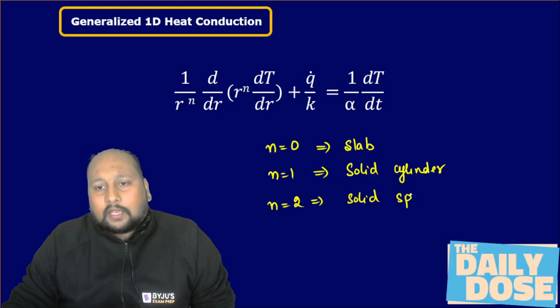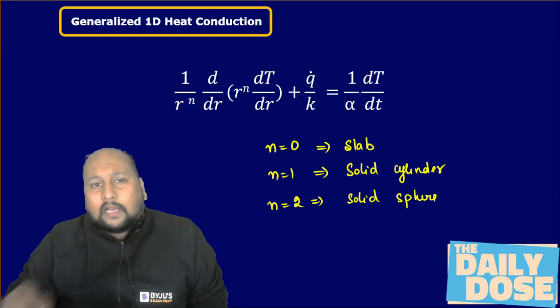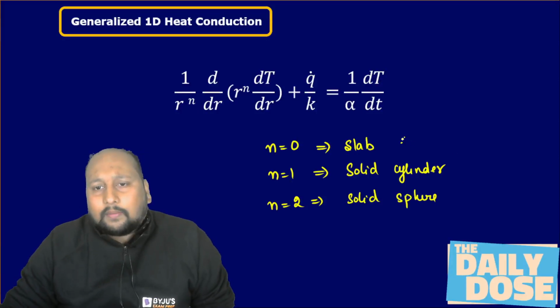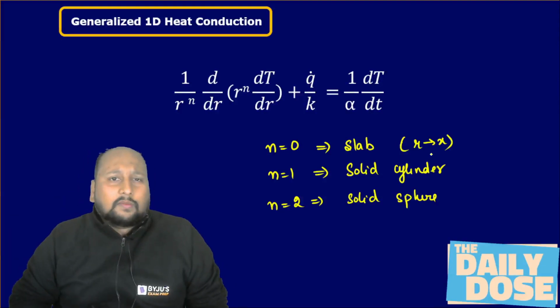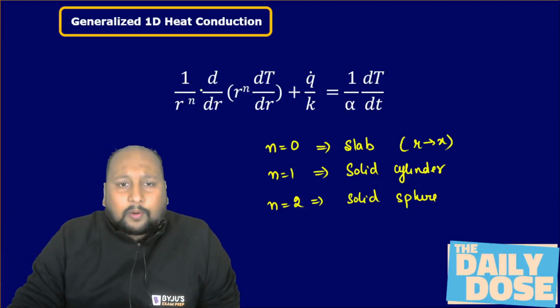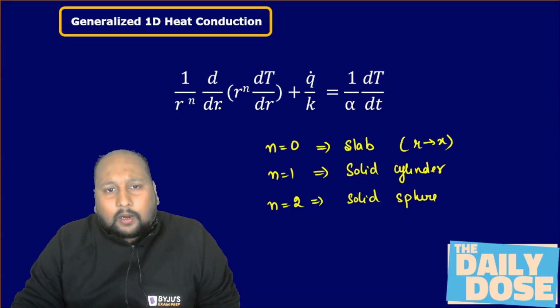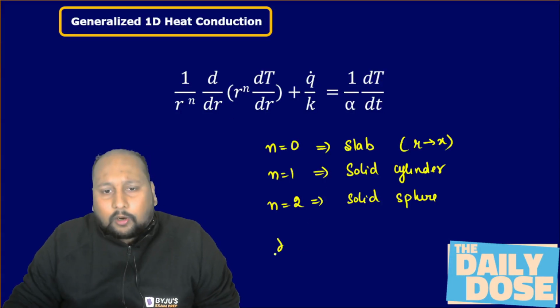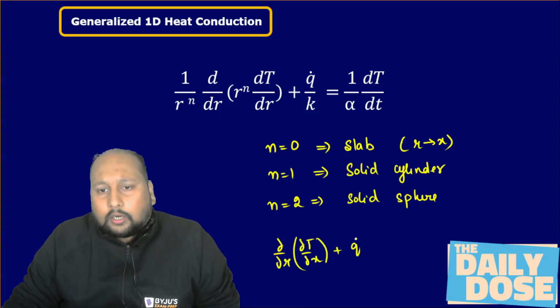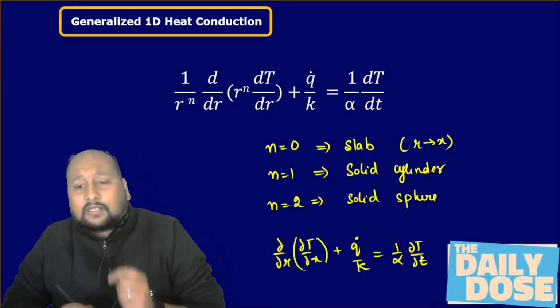You can cross check. Let us suppose I'm placing n equal to 0 and assuming r tends to x, because normally in rectangular coordinates we define x, y and z. If you put n equal to 0, it will be 1 upon 1, del by del x into del T by del x, plus q dot by k, is equal to 1 upon alpha, del T by del small t, that is with respect to time, where alpha is thermal diffusivity.